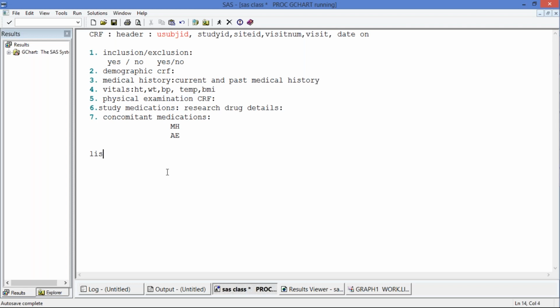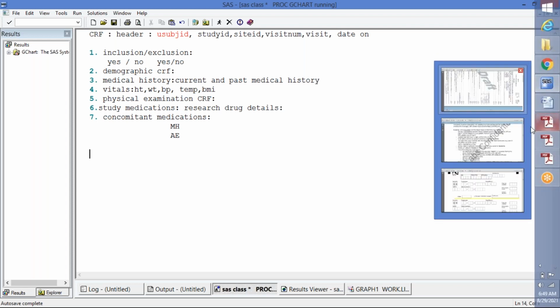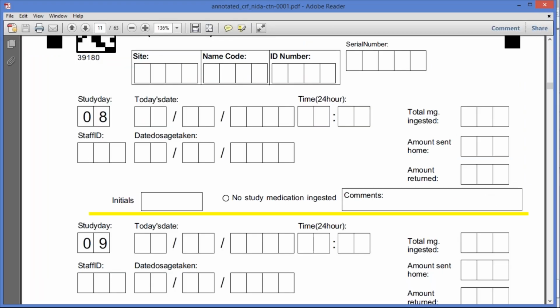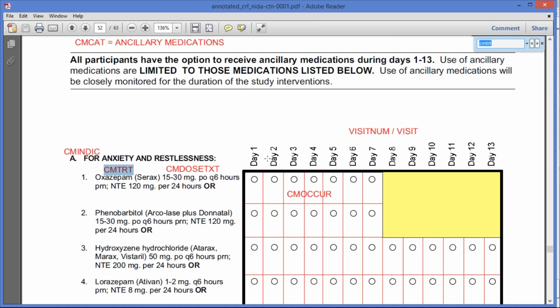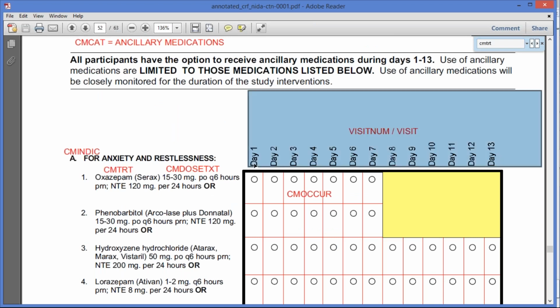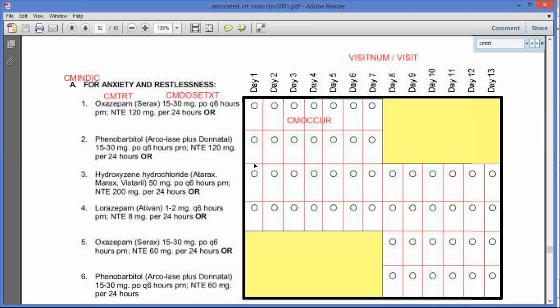Here we have listed medications. So here we have the concomitant medication form where you have listed ancillary medications. Like this, for anxiety, restlessness, the patient can take any of these four.